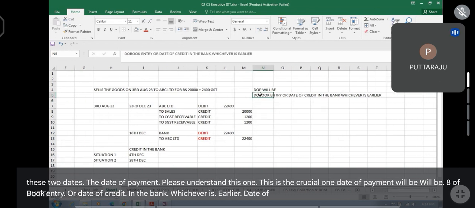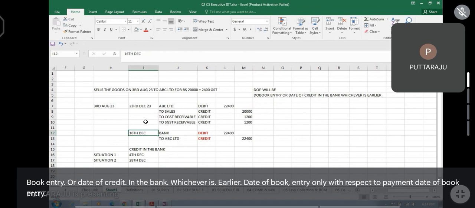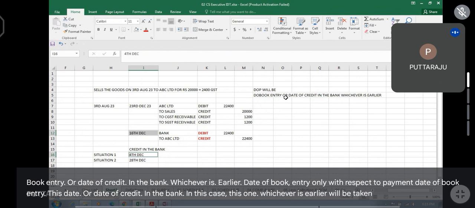Date of book entry only with respect to payment. Date of book entry, this date, or date of credit in the bank, in this case this one, whichever is earlier will be taken as date of payment.